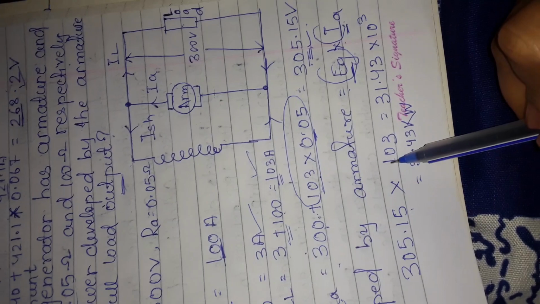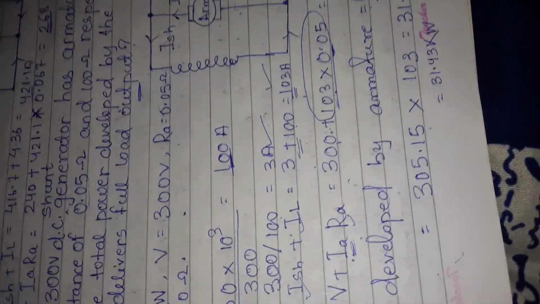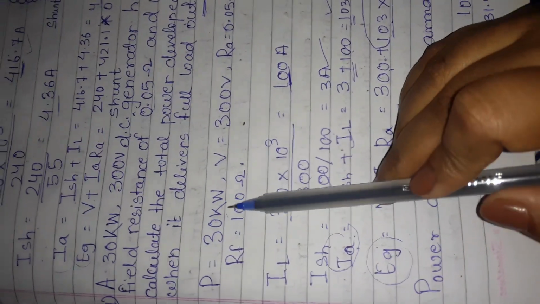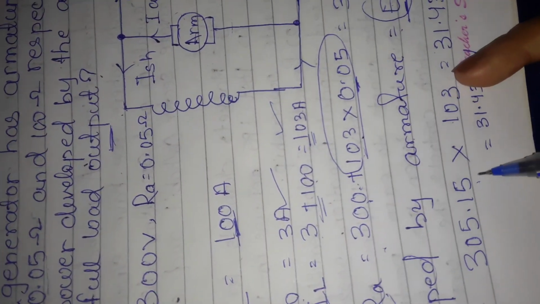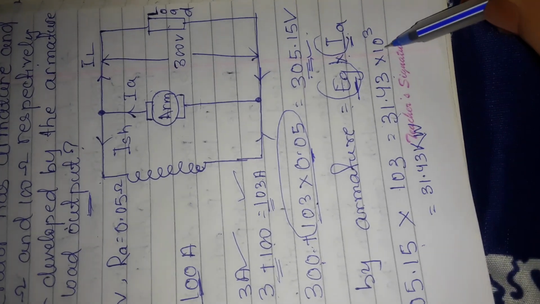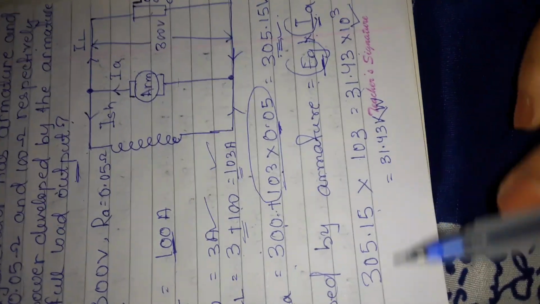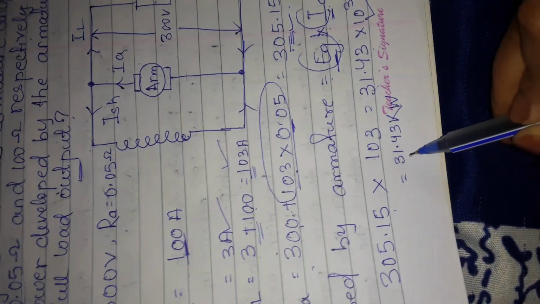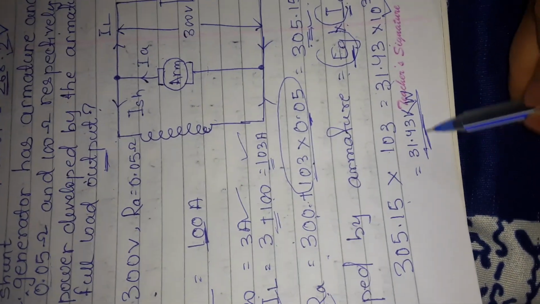We multiply this, and then we have to express the power in kilowatt, because it is given that way in the question. So 305 into 103 becomes 31.43 into 10 to the power 3. So the power developed by the armature is 31.43 kilowatt.